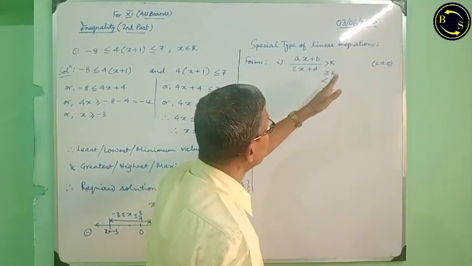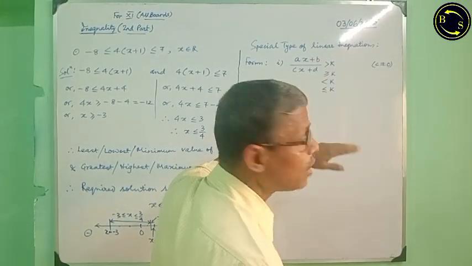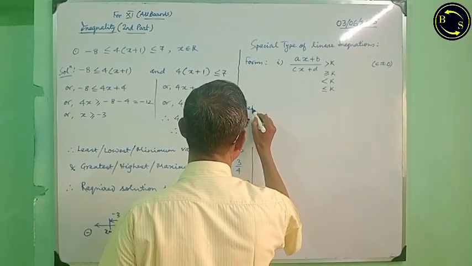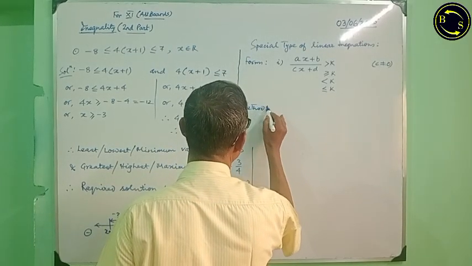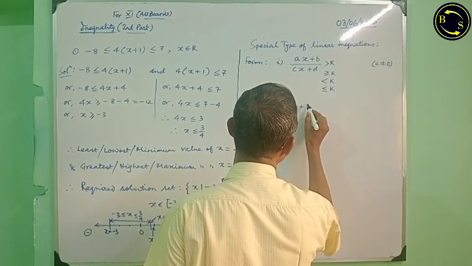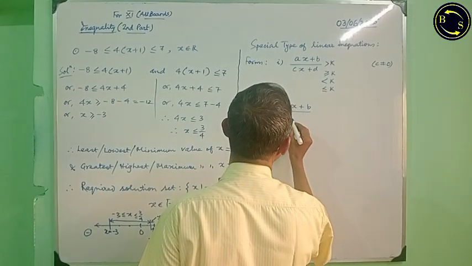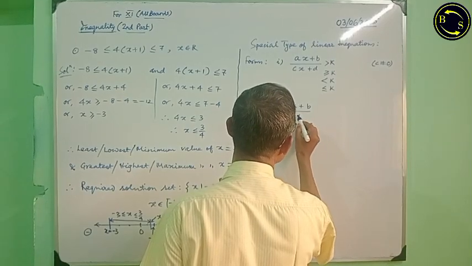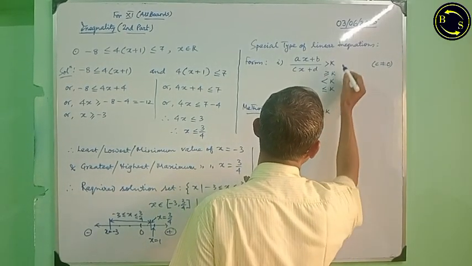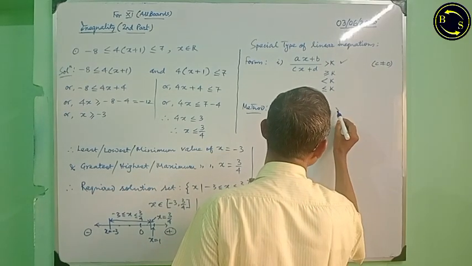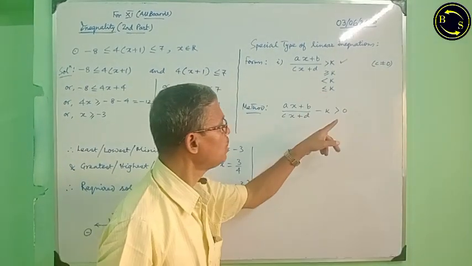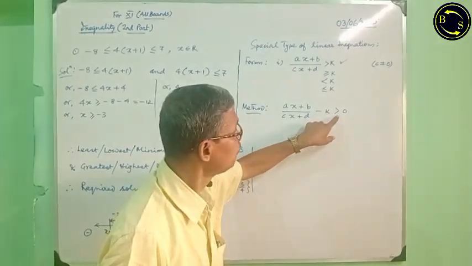First we take that right hand number on the left: ax plus b by cx plus d minus k. If I consider this one 0, in this case it will be greater than equal to 0.